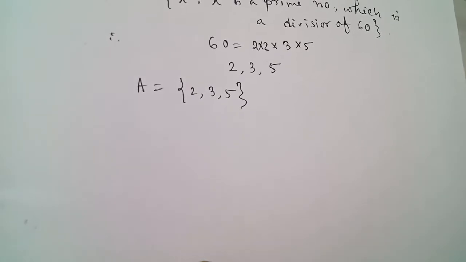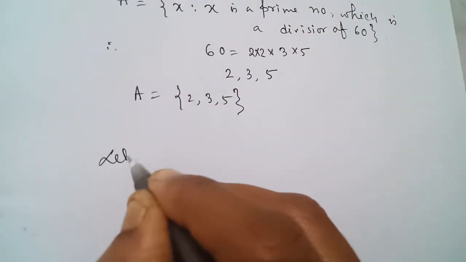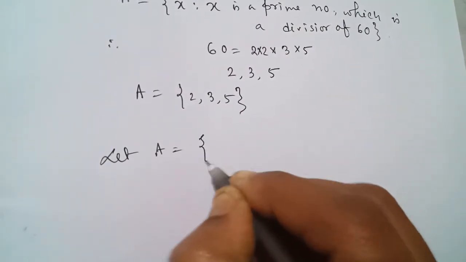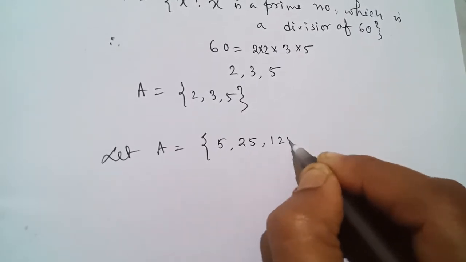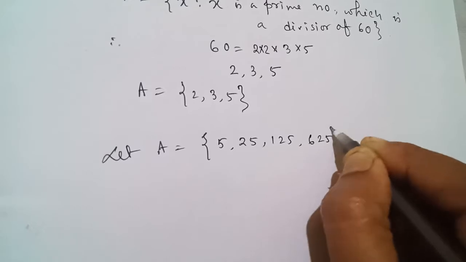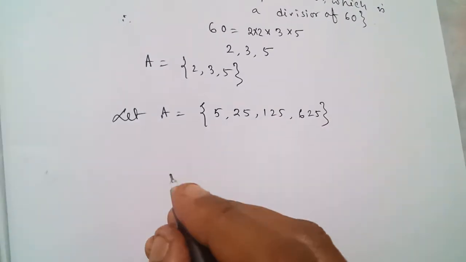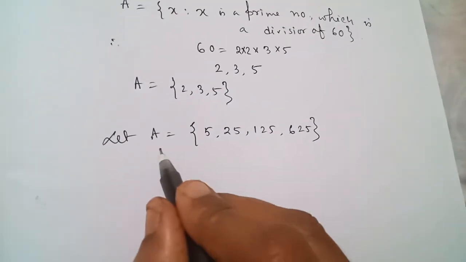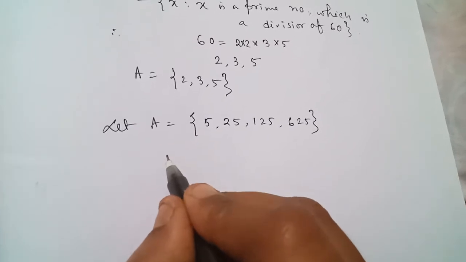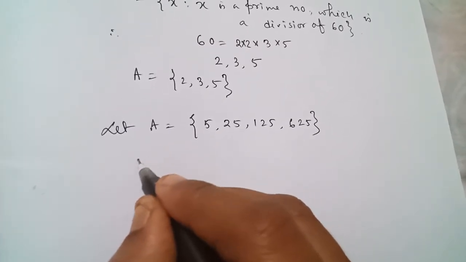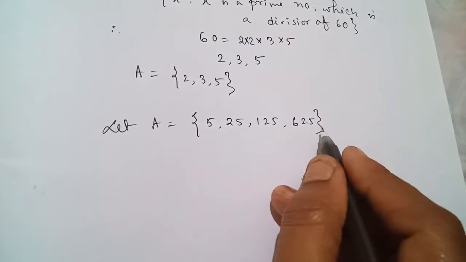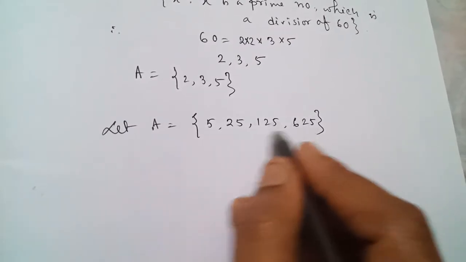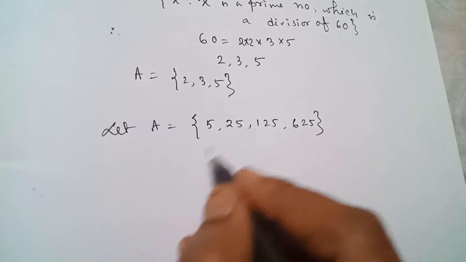Coming to the next type, let A equals 5, 25, 125, 625. Look, A is given in roster form. So you have to first look at the numbers and find the relation.